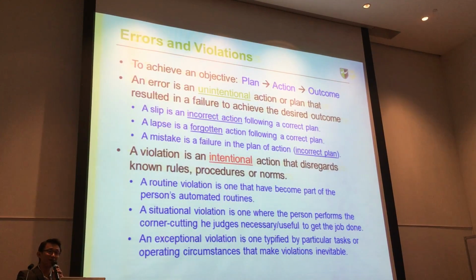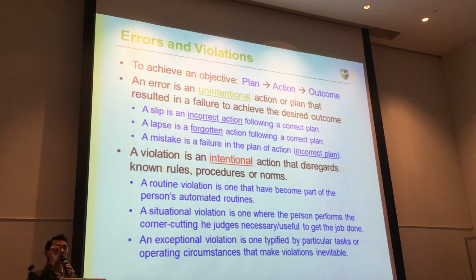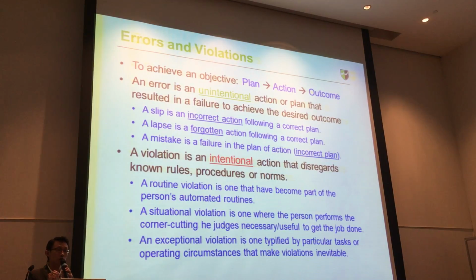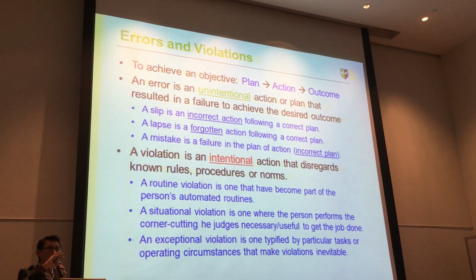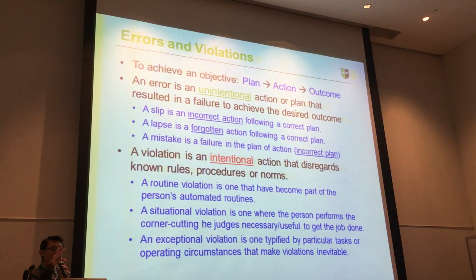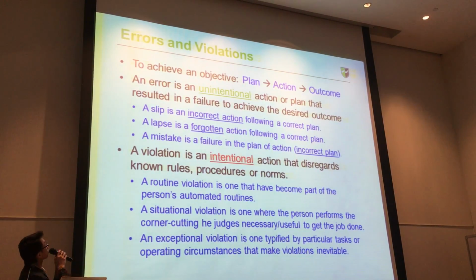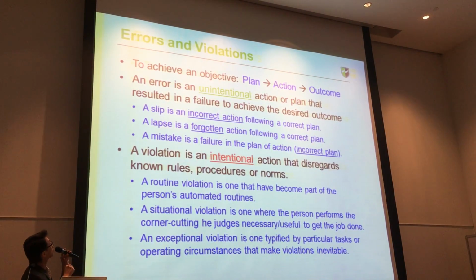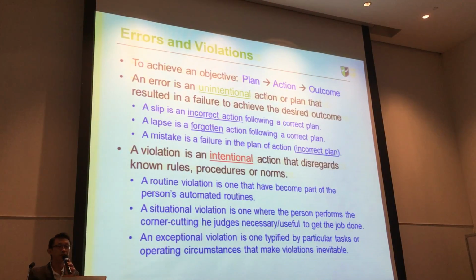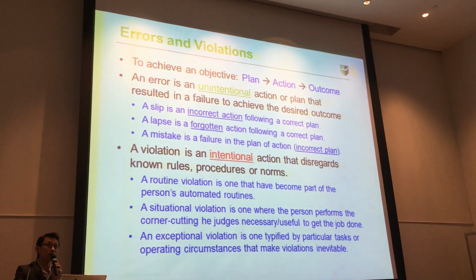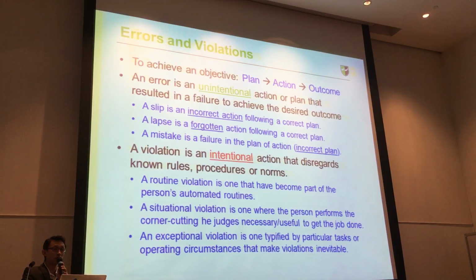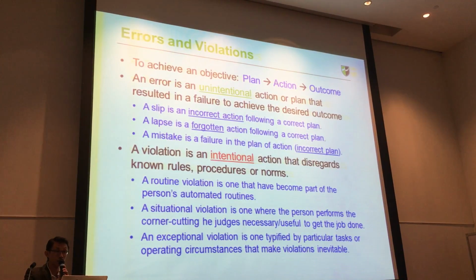When you get caught, you cannot say it was an error, that you didn't know. Inside the error, which is the unintentional action, there are actually three subcomponents that we can use to classify errors: the slip, the lapse, and the mistake. They are subsets of the error itself, unintentional, of course.